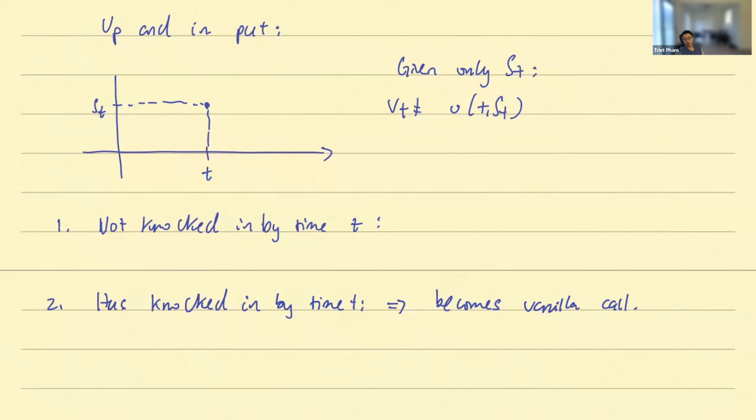Then it's just a vanilla call. Agree? So here, VT will be V Black-Scholes. Sorry, little v. Right?